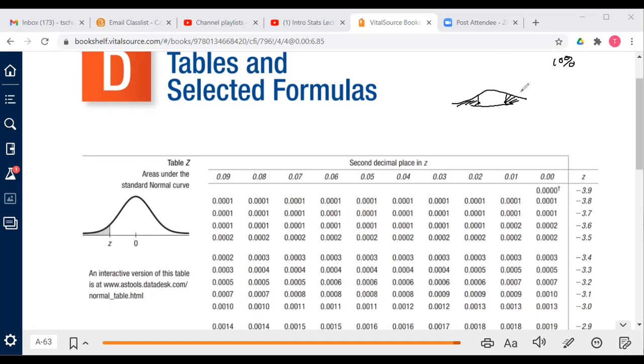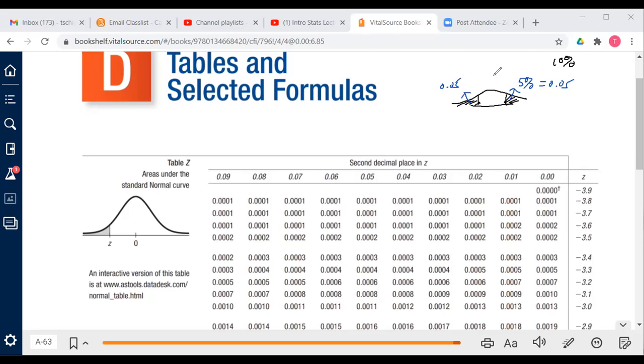So how much is each one? Each one is 5%, so it's 0.05, and this one is 0.05. Then you look at your table. The table value is this shaded value, see here.